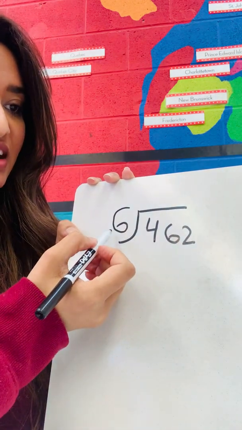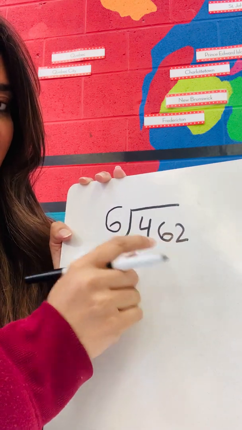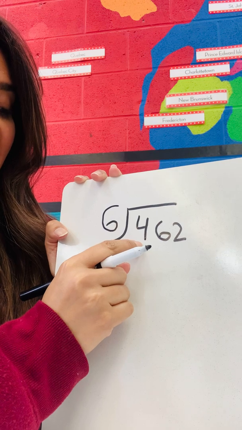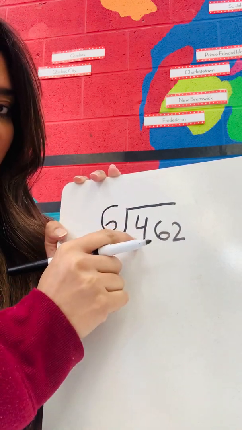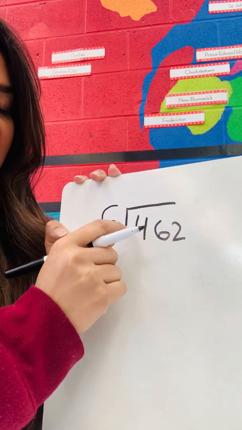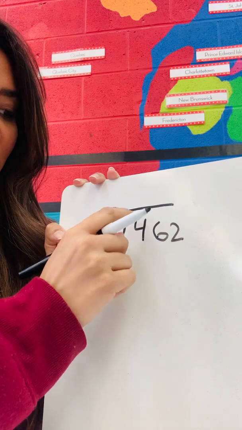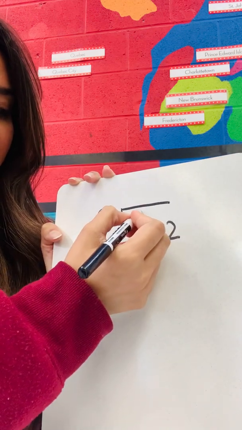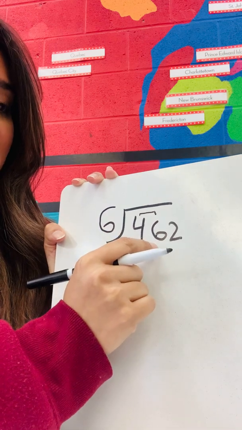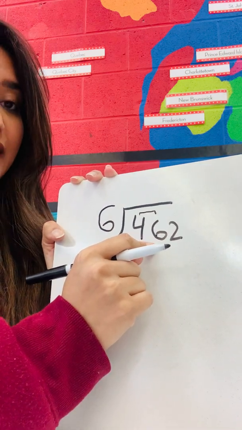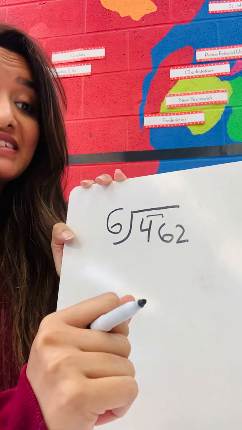So 6 times, again, I'm looking at my ones, my tens, and my hundreds. I need to begin by dividing 6 into my hundreds. So 6, I cannot do 6 into 4. However, I can combine my hundreds and my tens, so it becomes 46. Again, I am going to go to my times table sheet that I sent home with you.